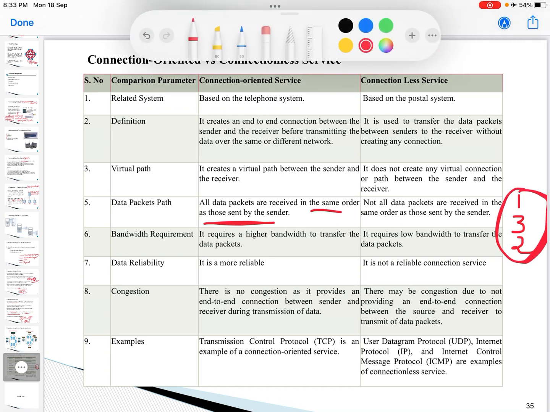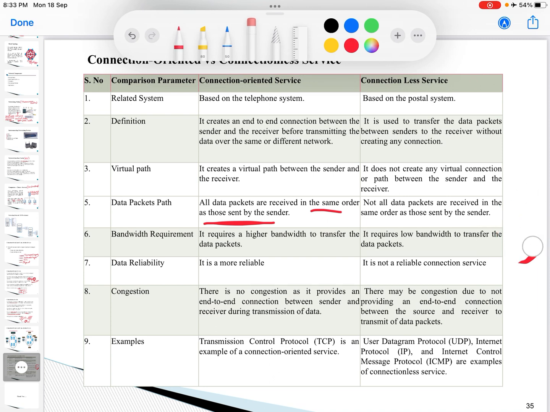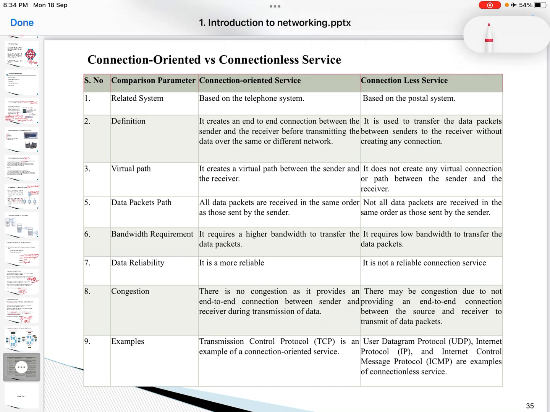Whereas in case of connectionless service, not all data packets are received in the same order as they are sent by the sender. Bandwidth requirement: it requires a higher bandwidth to transfer the data packet.